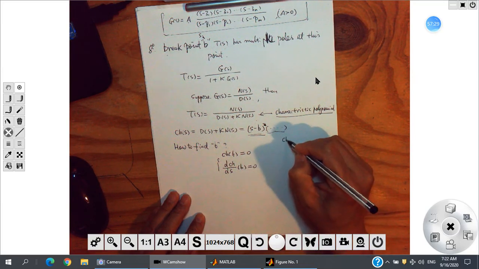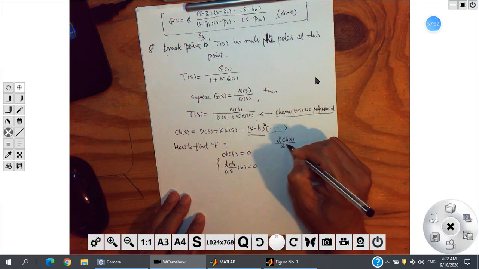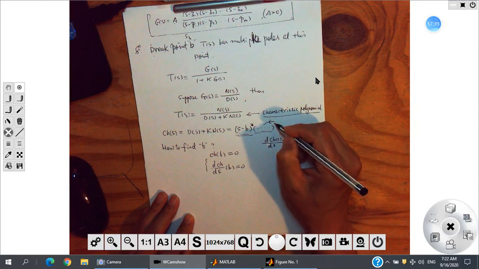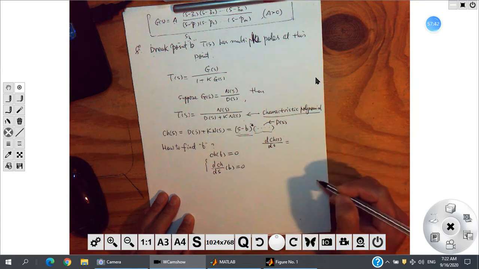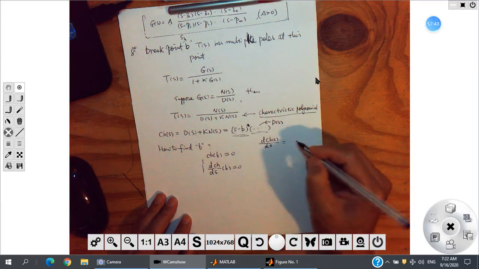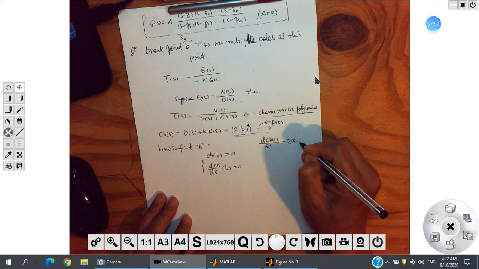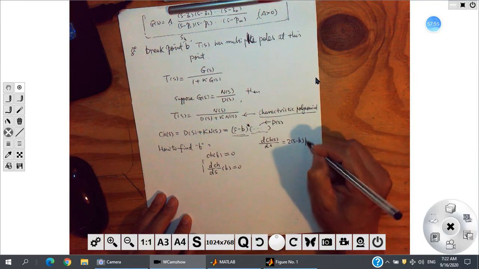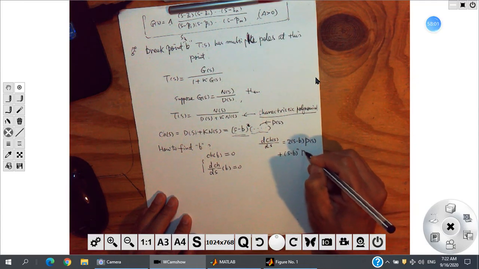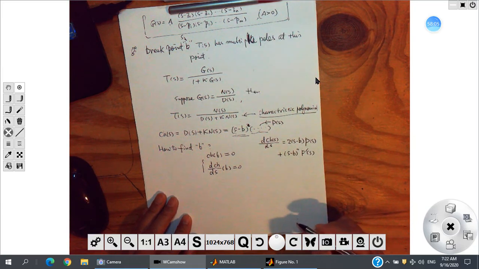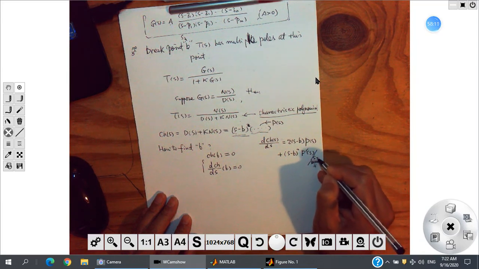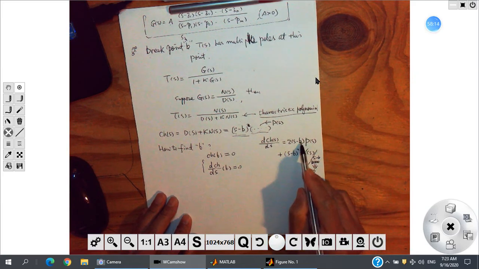Why? CH(s), taking the derivative with respect to s, has two parts. I call the other factor P(s). Then I have two factors multiplied together. Taking the derivative, it is 2(s minus B) times P(s), plus (s minus B) squared times the derivative of P(s). Plugging in s equals B gives us 0.